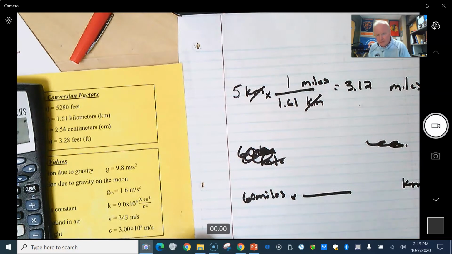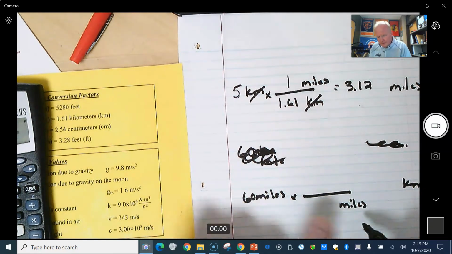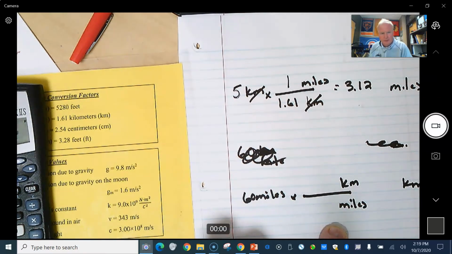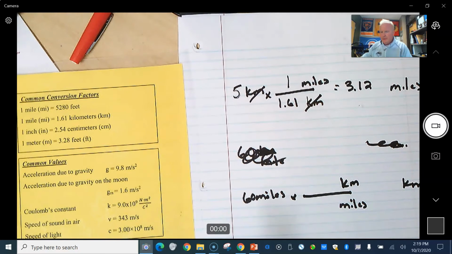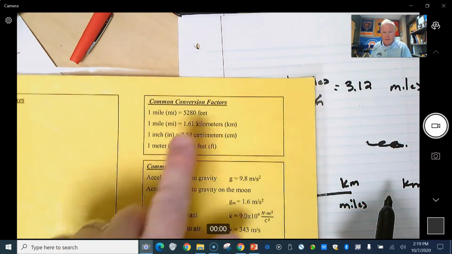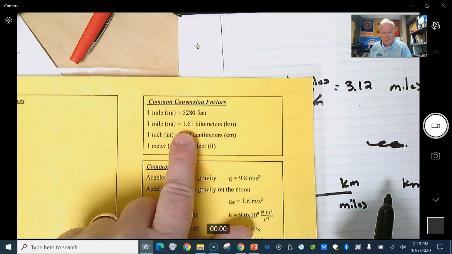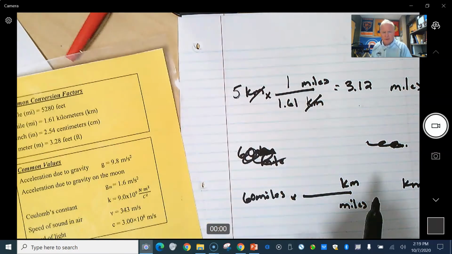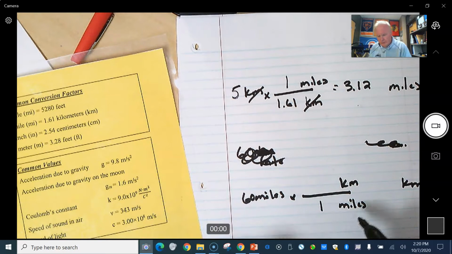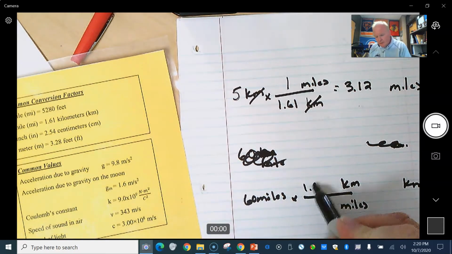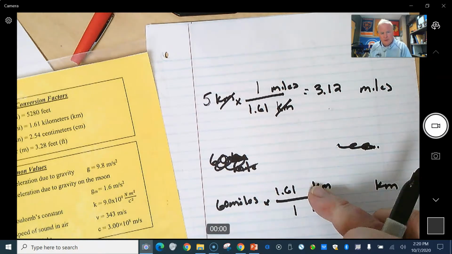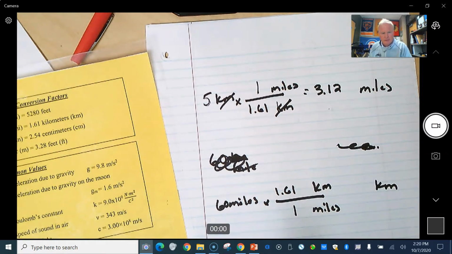Okay, we'll build our conversion factor. Step 2, we'll put miles here because that's what we want to get rid of. We'll put kilometers here because that's what we want to go to. And then we look at our conversion factor. Okay, right here, our conversion factors, and it says 1 mile equals 1.61 kilometers. And so we just do it like it sounds. 1 mile equals 1.61 kilometers. Okay, you see the difference here now is that our conversion factor flipped.